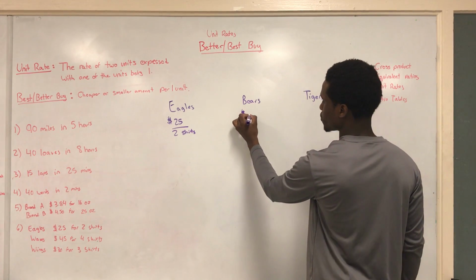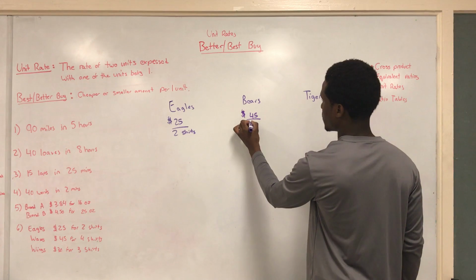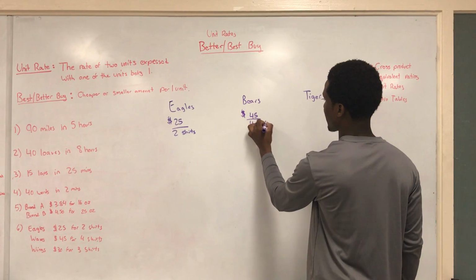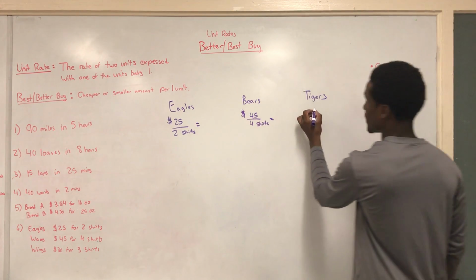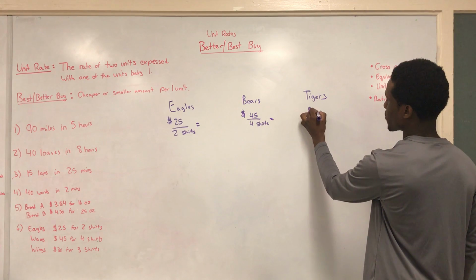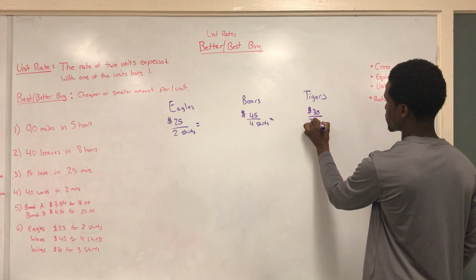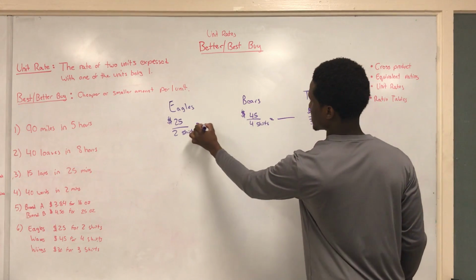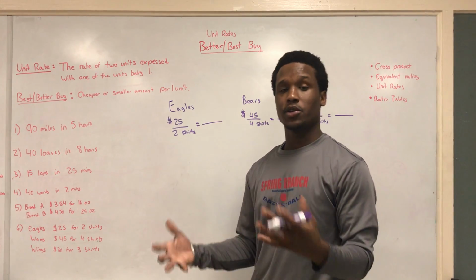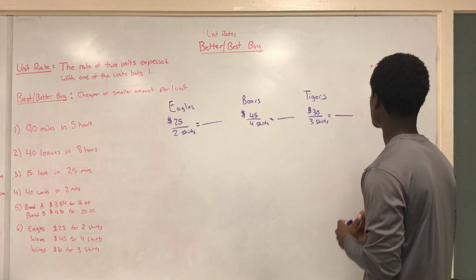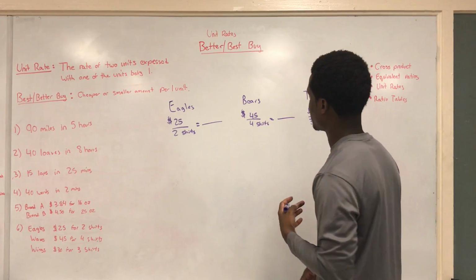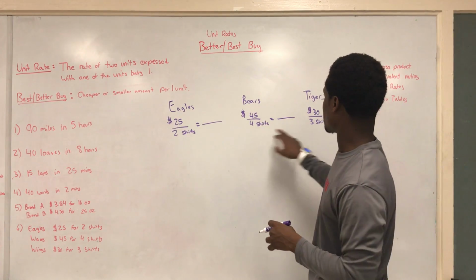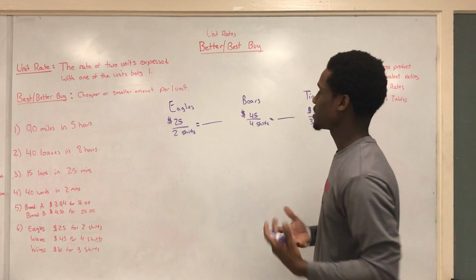I'm going to the Bears store, I'm paying $45 for 4 shirts. And then at the Tigers store, I'm paying $30 for 3 shirts. I want to figure out which one is the better buy. I'm going to use either cross product or equivalent ratios. It seems like with these numbers, equivalent ratios would be the best option.